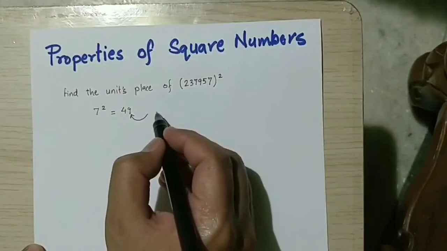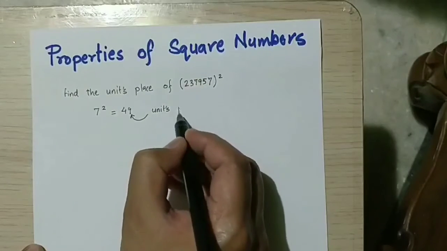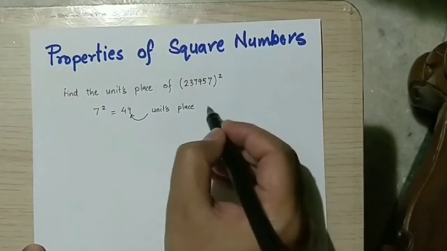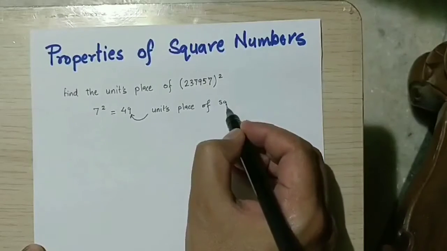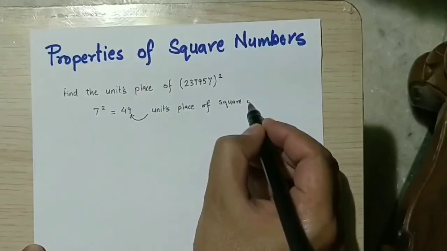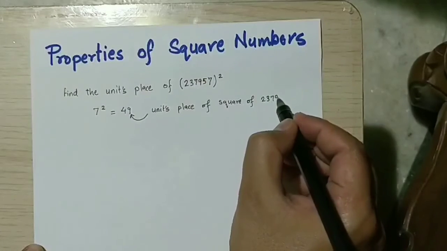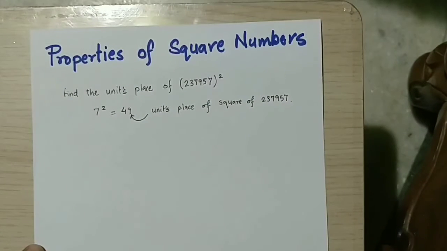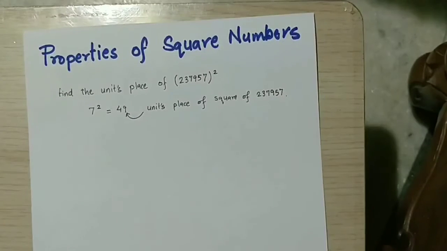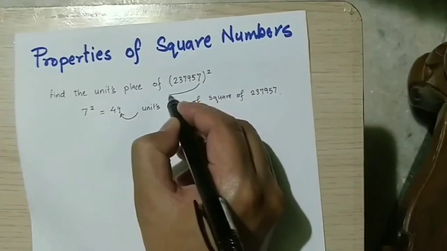This digit 9 is the units place of the square of 2,37,957. So it becomes very easy.